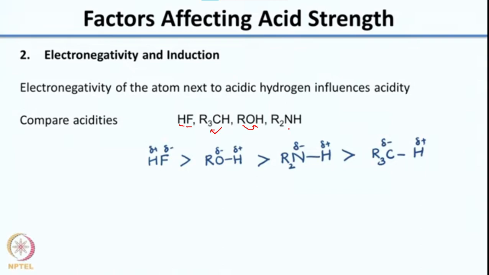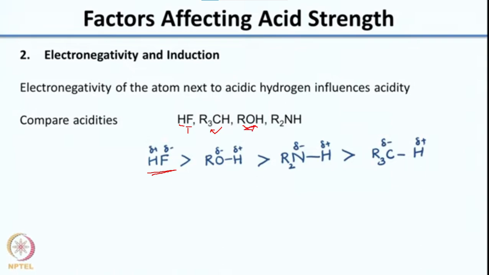As we have discussed, the more the electronegativity of the atom next to the acidic hydrogen, the more the acidity. So which is the most electronegative atom? Fluorine is the most electronegative atom in the periodic table. So HF is the strongest acid, and the pK value will be lower for this case. After fluorine, which one is more electronegative?